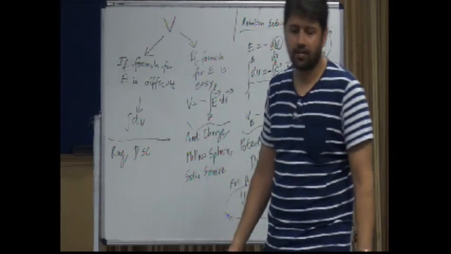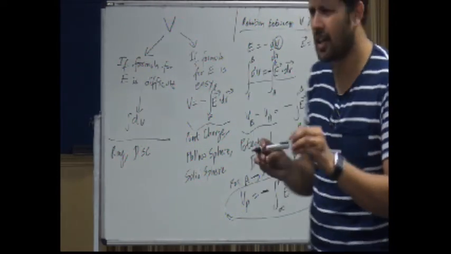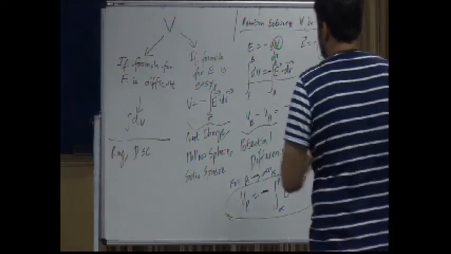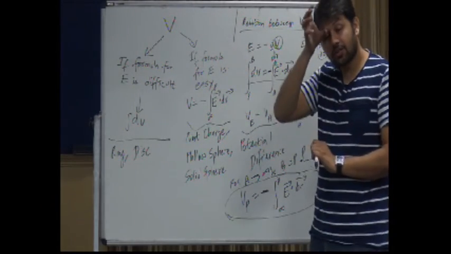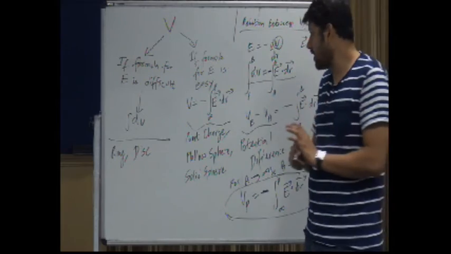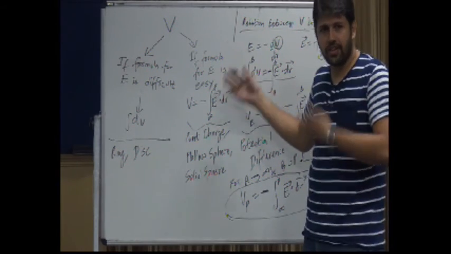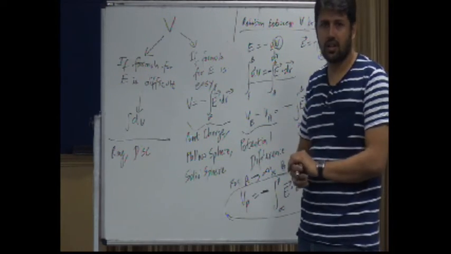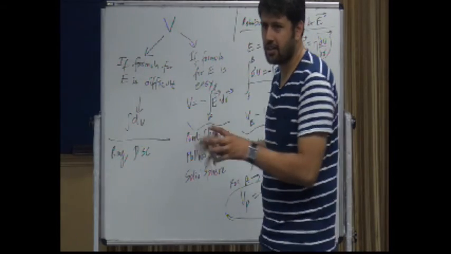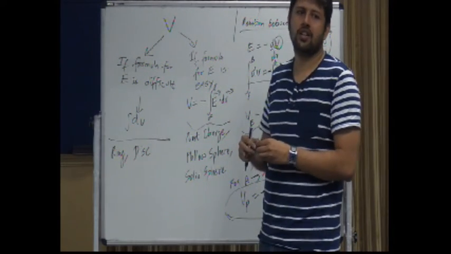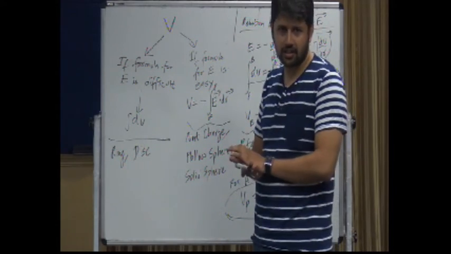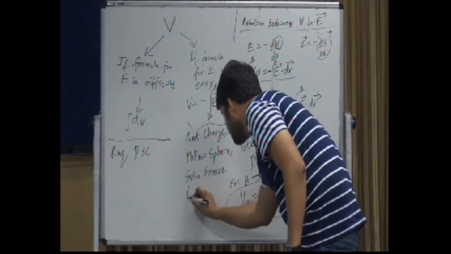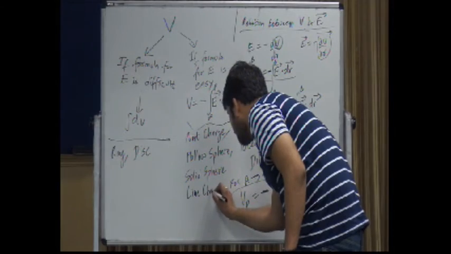We'll find a little problem in that scenario because one value is infinity. But still easy. If not V, we can find potential difference for a line charge. We'll see in the real scenario why V is not defined for a line charge. So this is easy for line charge and so on.